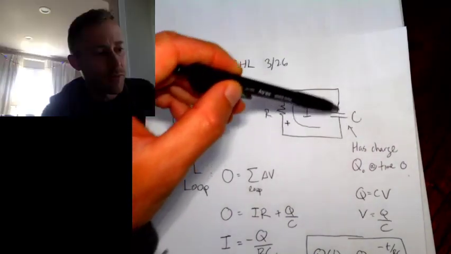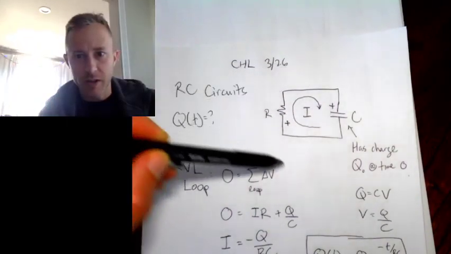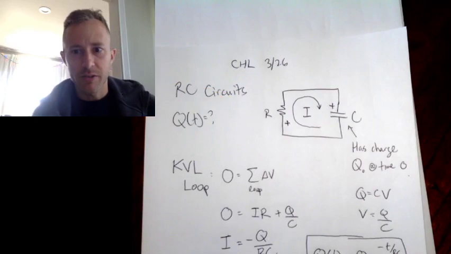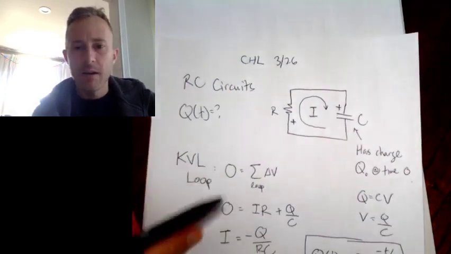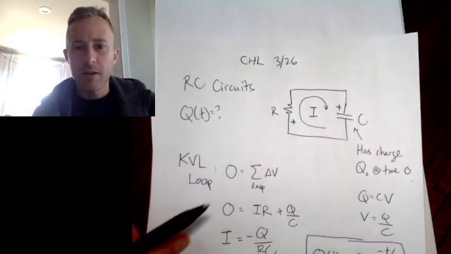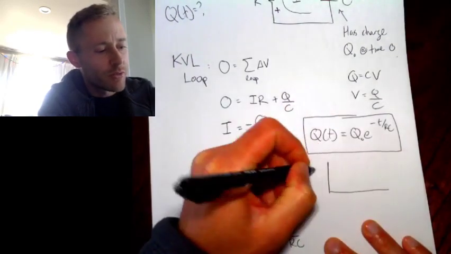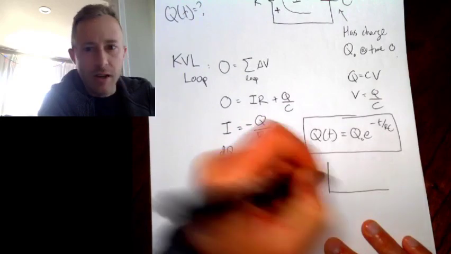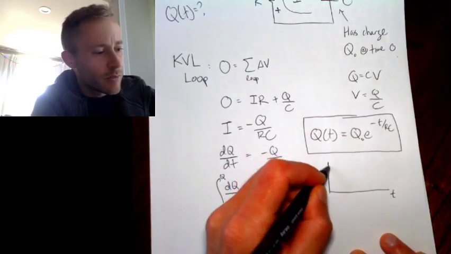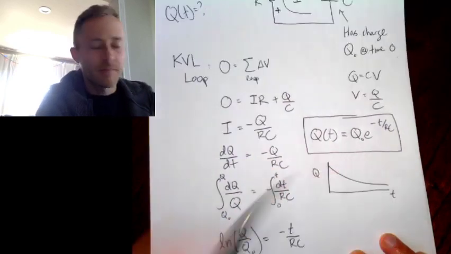The charge is going to flow through the resistor and come around and equilibrate on the other side. Okay, so this is the charge as a function of time. If we were to graph it, it would look like this: charge versus time. It's going to have an exponential decay like this.